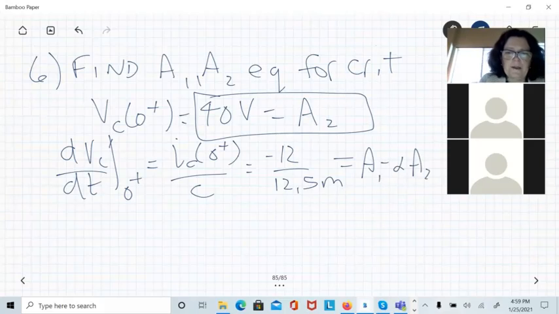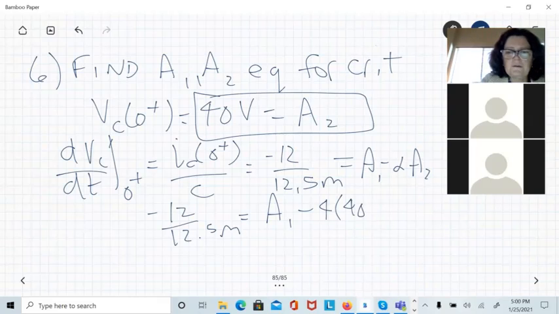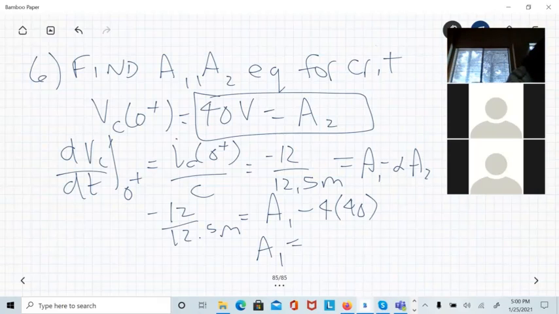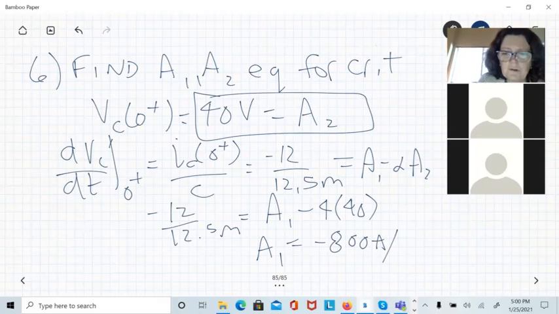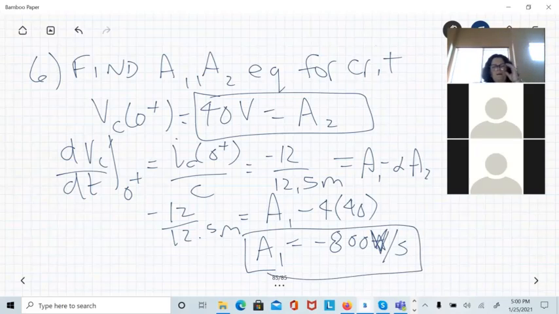We've got a number for A2. We had a number for alpha, it was 4, and A2 we just solved for, 40. So we solved that equation for A1. And what do we get? Minus 800 amps per second. That's a pretty big change in current. Oh, A1 would be volts per second, because it's dV/dt. All right.